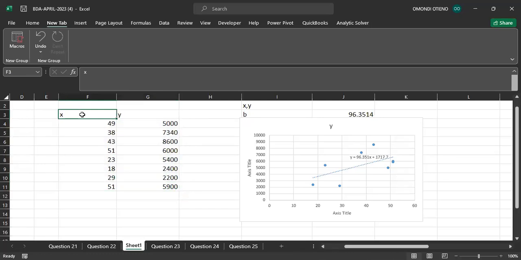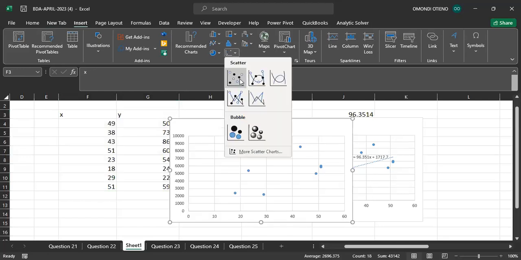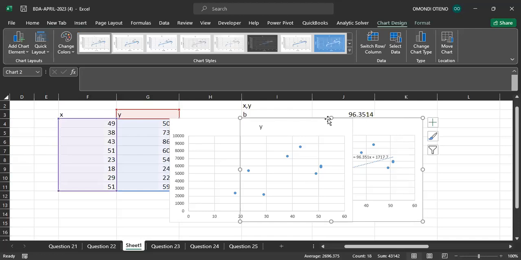Now, I want us to draw the same thing, following the same procedure, but this time round we also display R. Let us display R. Insert, scatter. Let's pick this one here.